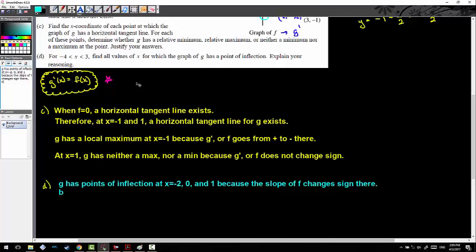You could also have said because G double prime changes sign there. You could have said because f prime changes sign there.